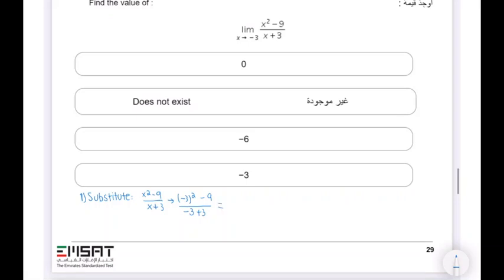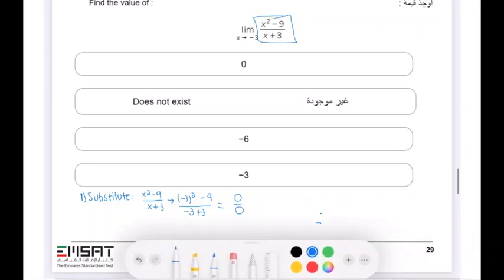Negative 3 squared is 9, so 9 minus 9 equals 0, and negative 3 plus 3 equals 0, so it would be 0 over 0. Now, when you get 0 over 0, what you can do is factorize this expression. What can we do? We can factorize the expression above.